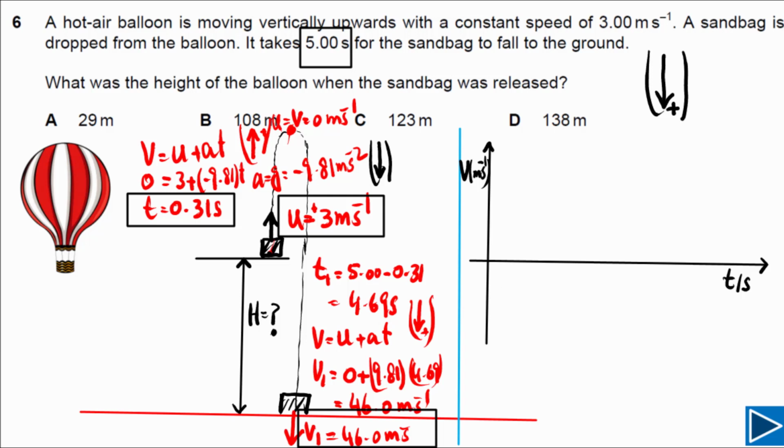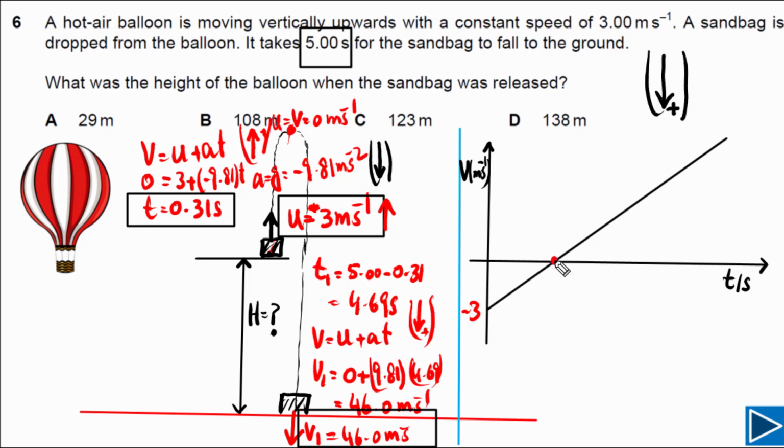Now we simply need to sketch. As you can see, the initial value of velocity has to be negative. Why? Because we have taken down as positive, and the initial velocity is vertically upwards, so it is negative because the direction is opposite.